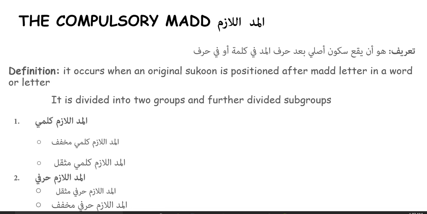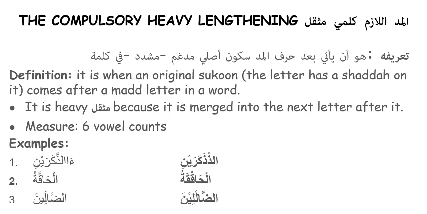These two divisions also further have two subdivisions. For maddul lazim kalmi, it has maddul lazim kalmi mukhaffaf and maddul lazim kalmi muthaqqal. Maddul lazim harfi also has two subdivisions, which are maddul lazim harfi muthaqqal and maddul lazim harfi mukhaffaf, and we are going to discuss them further bi'idhnillah.